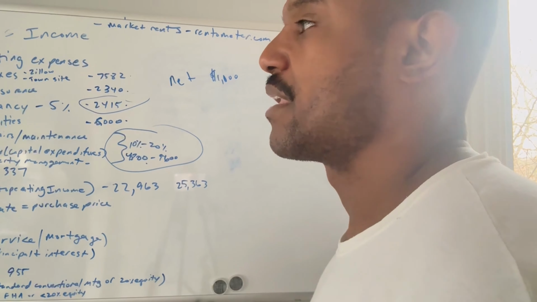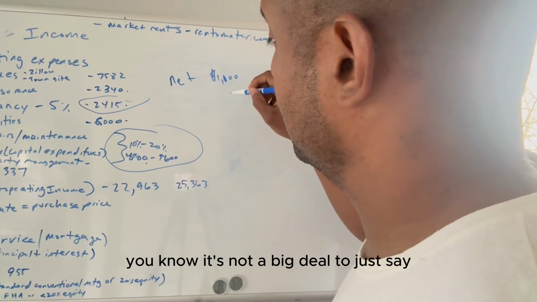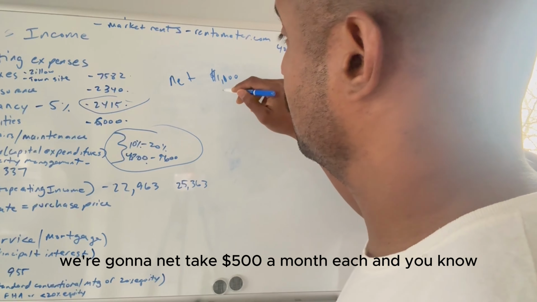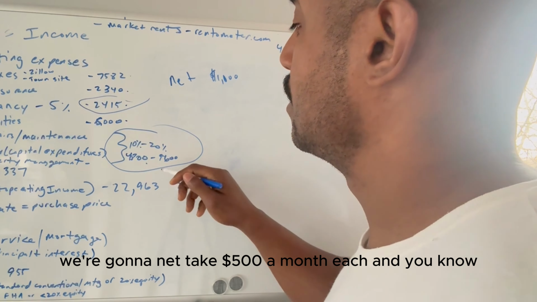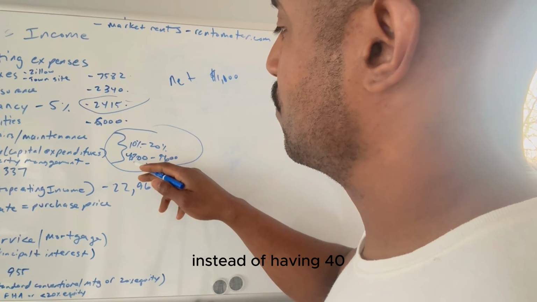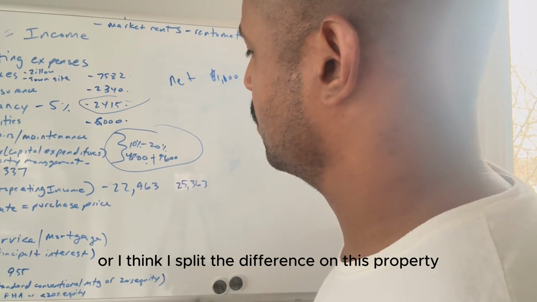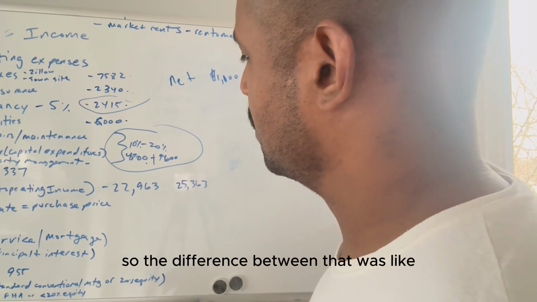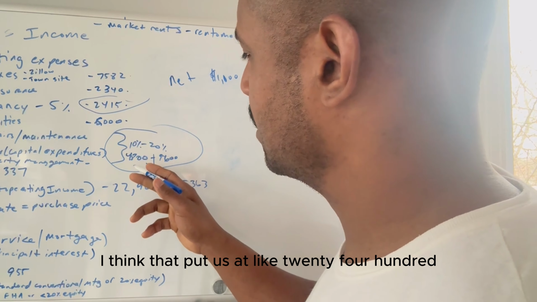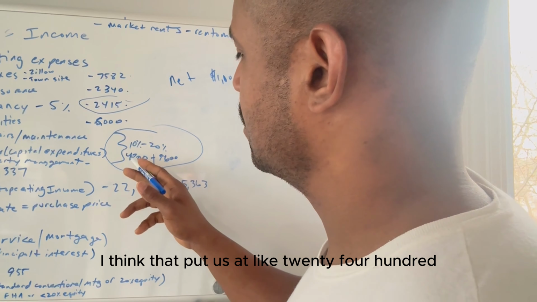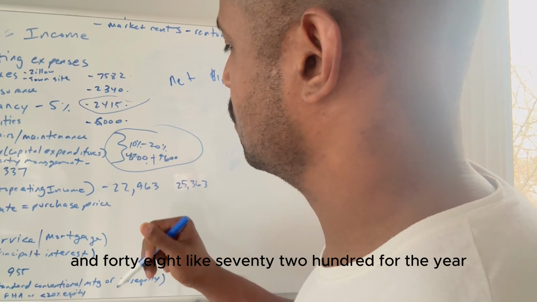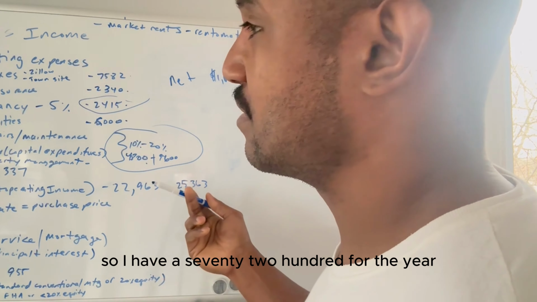it's not a big deal to say, you know what, we're going to take $500 a month each. Instead of having $4,800 for the year, I split the difference on this property, which put us at 7,200 for the year.